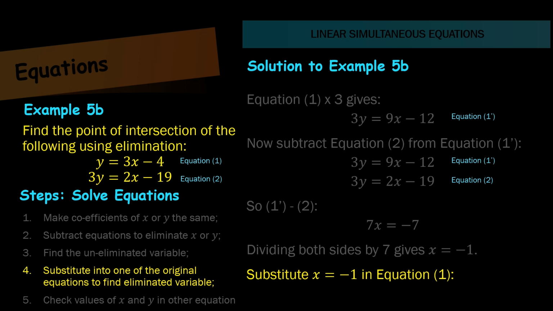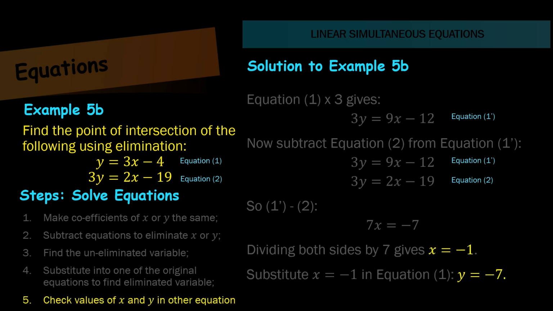So substituting x equals minus 1 in equation 1 gives that y equals 3 times minus 1, the value of x, minus 4 equals minus 7. So we have the two values now: x equals minus 1 and y equals minus 7.